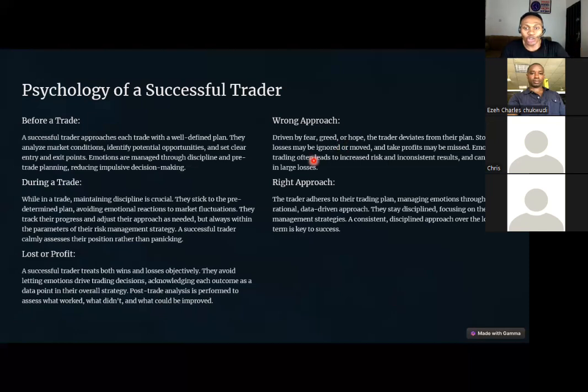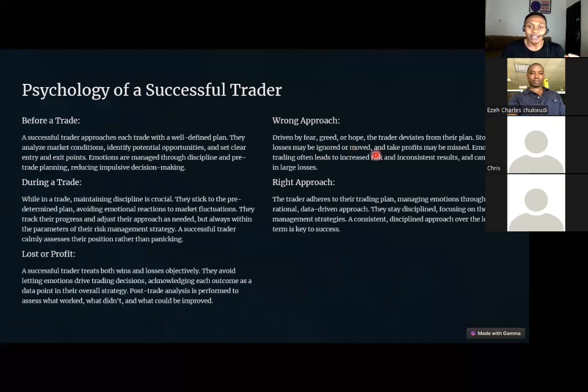So a lot of traders have this wrong approach. They are driven by fear of the market hitting their stop loss, or they are driven by greed, having a predetermined target of $150 but wanting to go for $200. And finally, hope, not analyzing the market or having a certain fact that stands in for the reason why you placed the trade.